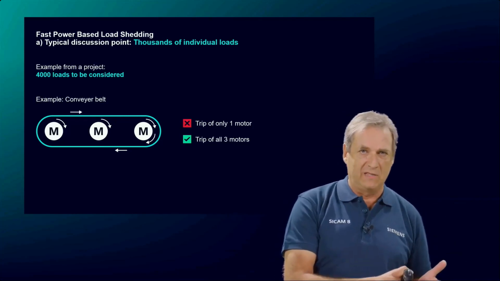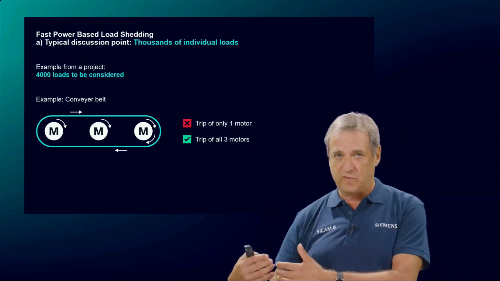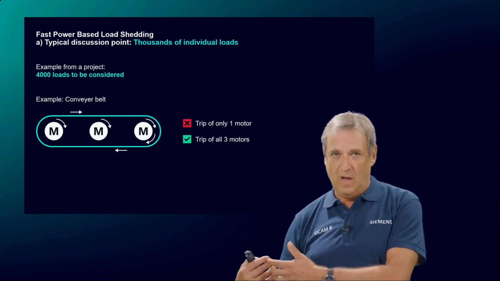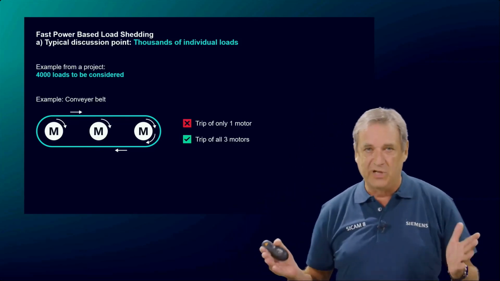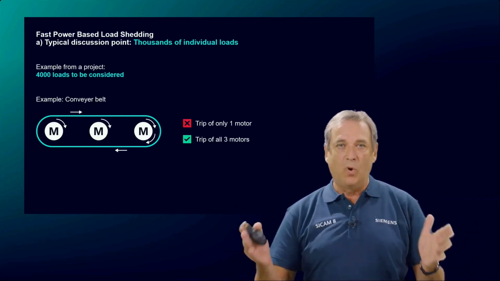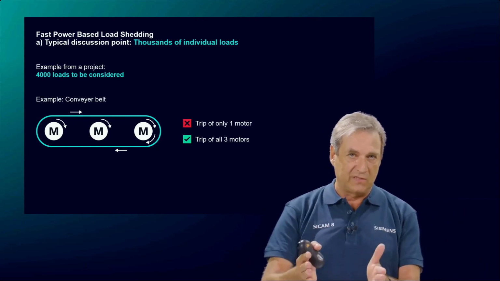What makes sense is to provide distributed output contacts for the loads of one process. For this example, if you look at the picture shown here, the 3 motors of a conveyor belt are installed at different locations.